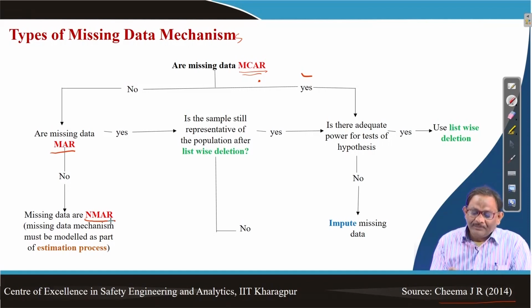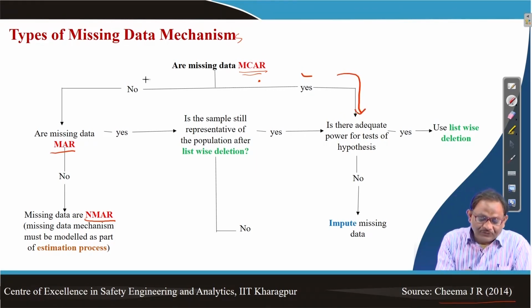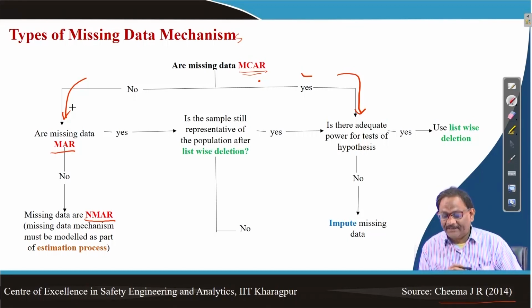Then if your data is missing completely at random, you have an interesting way of looking into it. If it is yes, you have one path. If it is no, you have another path. If yes, that it is completely random, then the usual path: is there adequate power of test of hypothesis?